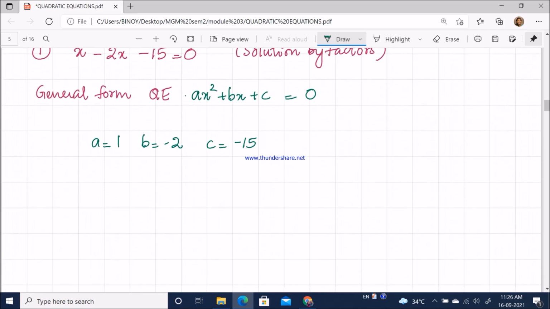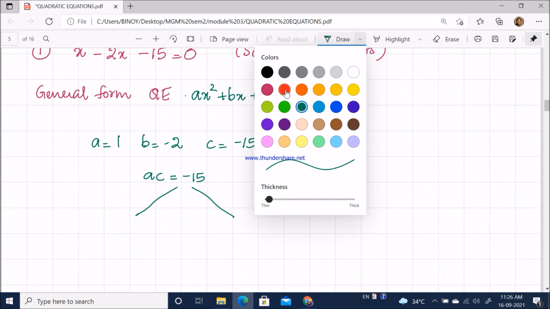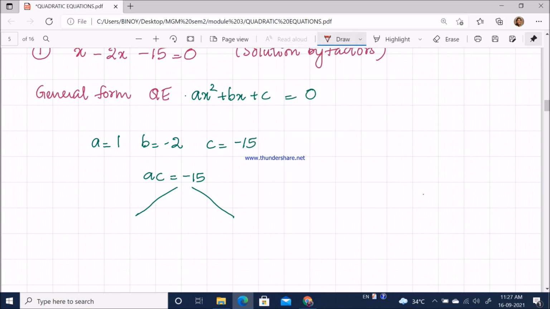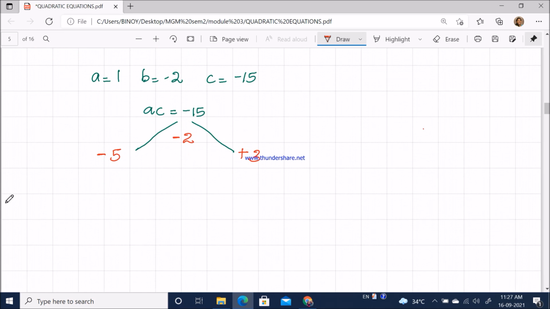Now let's see what is the product of AC, that is minus 15. The product is minus 15 and the sum should be minus 2. So it should be a negative factor and a positive one. So minus 5 and 3.